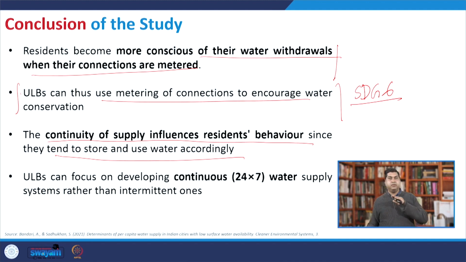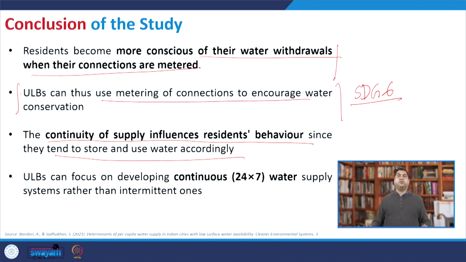But with intermittent supply, you are not very sure whether tomorrow you will get water or not. You try to store more water, and next day if you get fresh water, there is a tendency, which we have observed from the field, to say, okay, why did we store that water, let's just throw it out and take the fresh water, even without knowing whether the water quality drops drastically within a day or not. But that is a tendency.